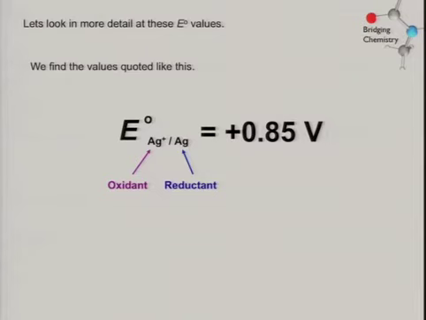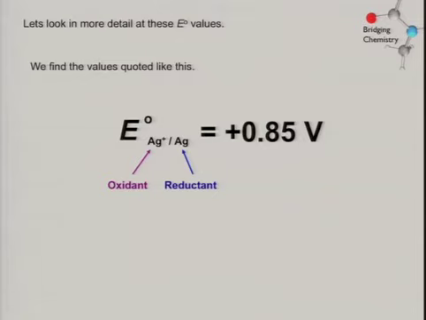The number refers to Ag plus going to Ag, just the same as a Ksp refers to the solid dissolving to give the ions, not the other way. But it is conceivable that silver could turn into silver plus in some redox reaction.